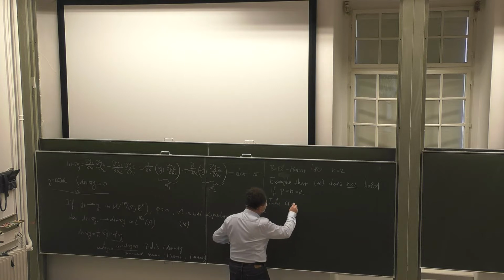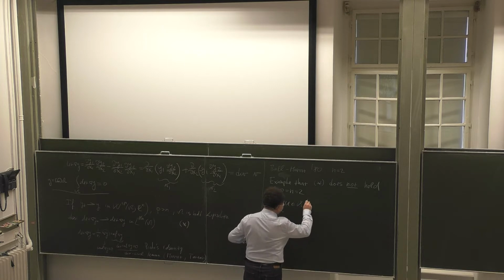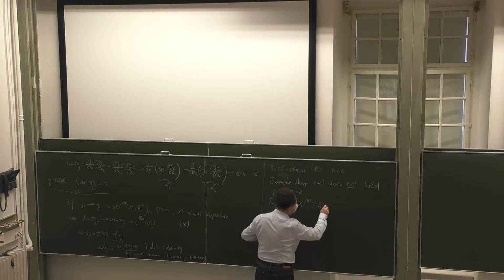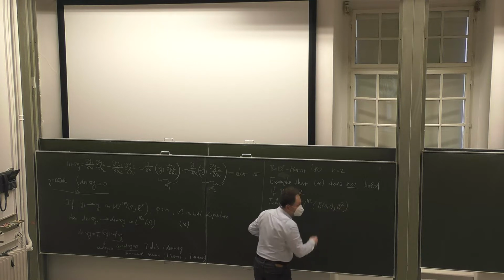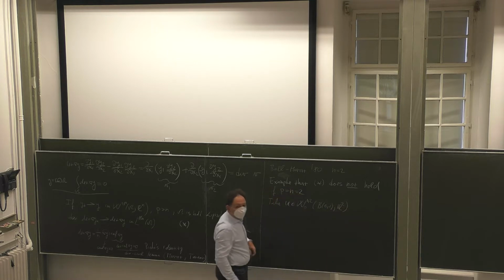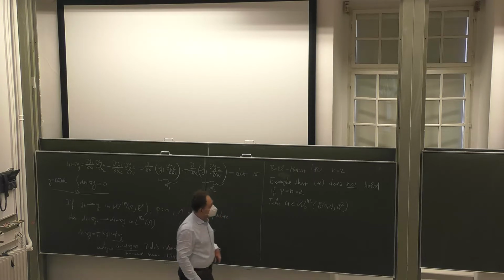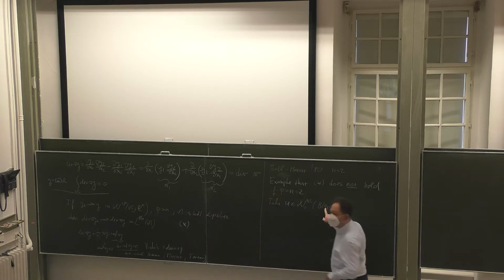So take u in W^{1,2}_0 of a unit ball with values in R^2 and 0 boundary conditions on this unit ball. This is a unit ball centered at 0.